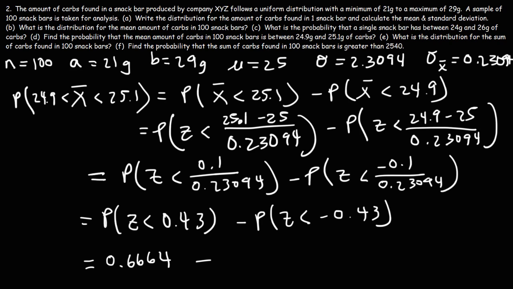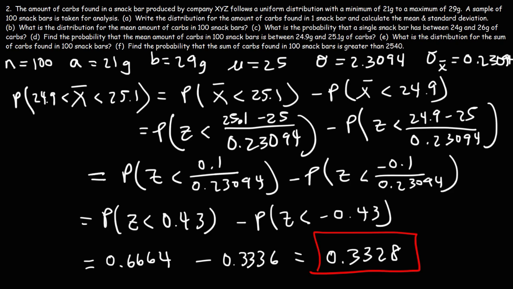So that's going to be 0.3336. So taking the difference of these two numbers, this will give us the probability that we're looking for, which is 0.3328. So this is the answer for part D. Now let's move on to part E.